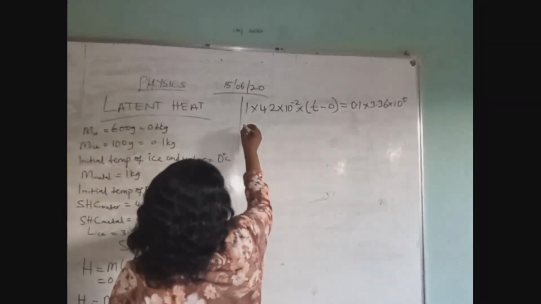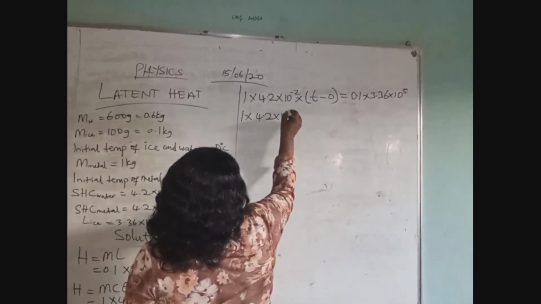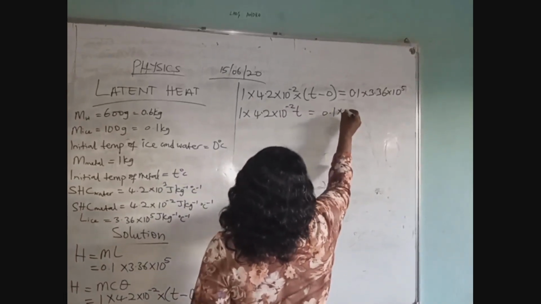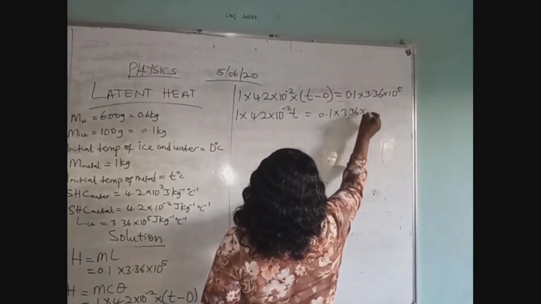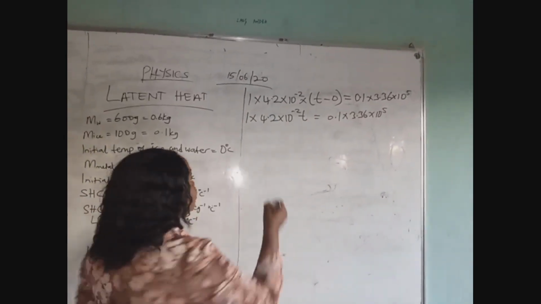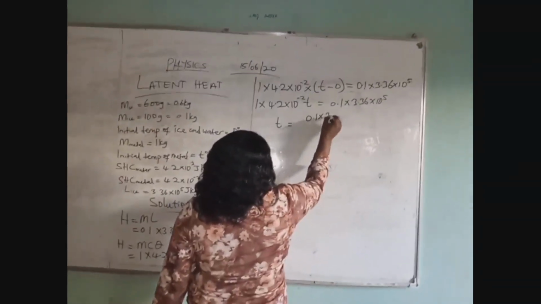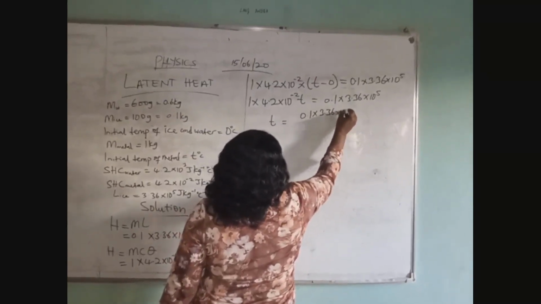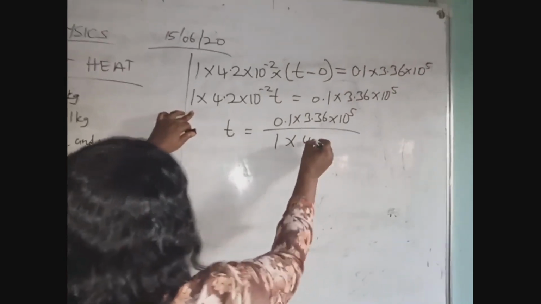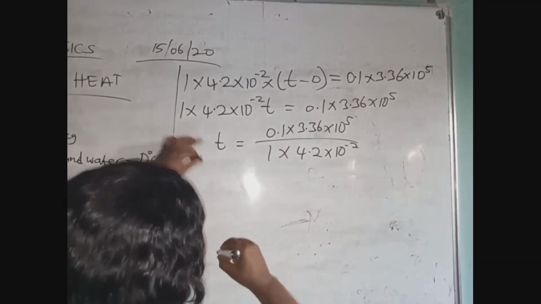So we have 1 times 4.2 times 10 to the power minus 2 T is equal to 0.1 times 3.36 times 10 raised to the power 5. If we make T the subject of the formula, we have T is equal to 0.1 times 3.36 times 10 raised to the power 5 all over 1 times 4.2 times 10 raised to the power minus 2.